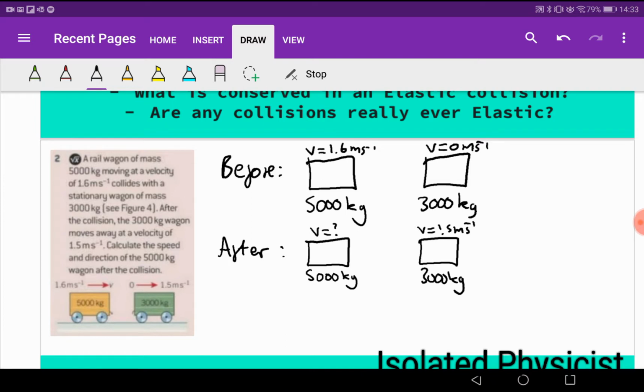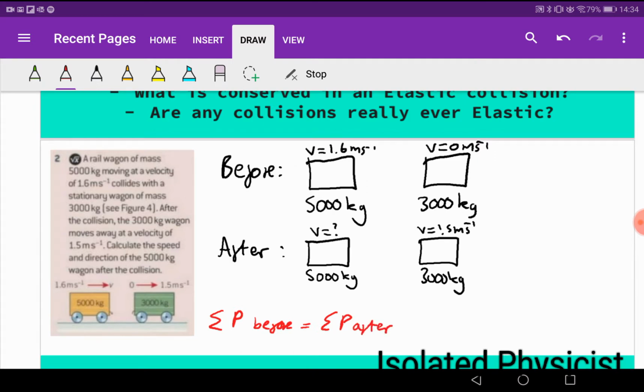So using our sum of momentum before equals sum of momentum after, where P stands for momentum. So what is it before?